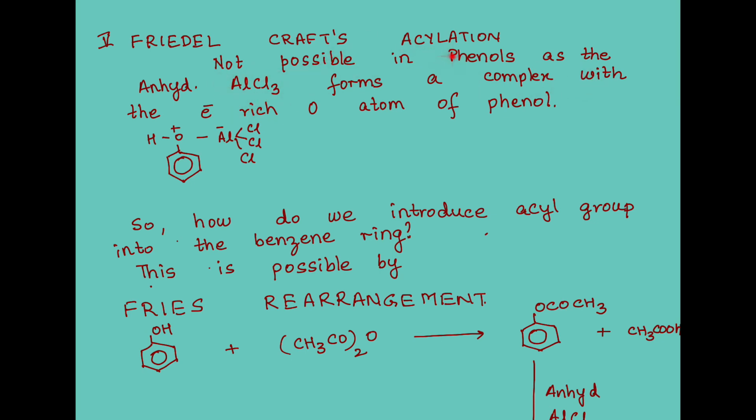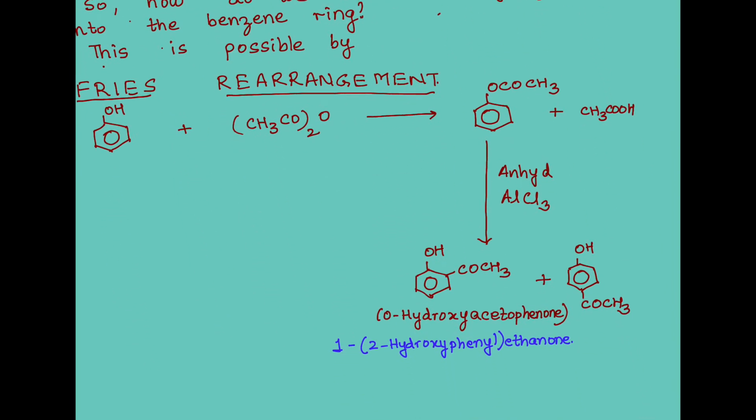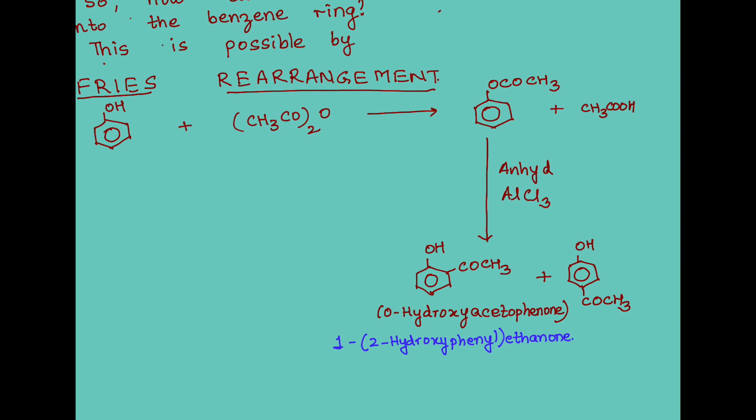So Friedel-Crafts acylation, not possible. How do we introduce acyl group into the benzene ring? Possible by using what we call the Fries rearrangement. Please feel free to take down these notes for future reference. So this is our Fries rearrangement. We first treat it with acetic anhydride followed by heating with anhydrous AlCl3 and we get two products.